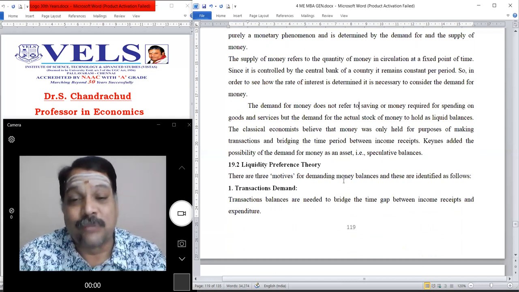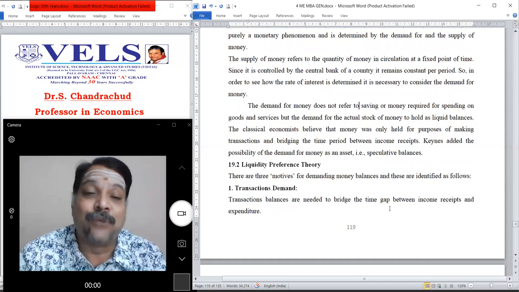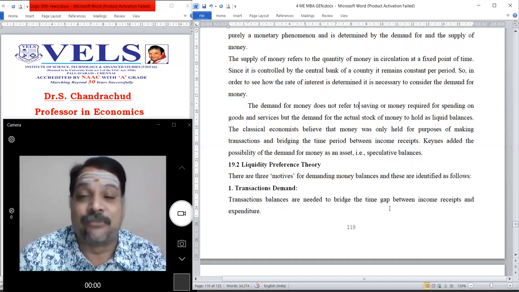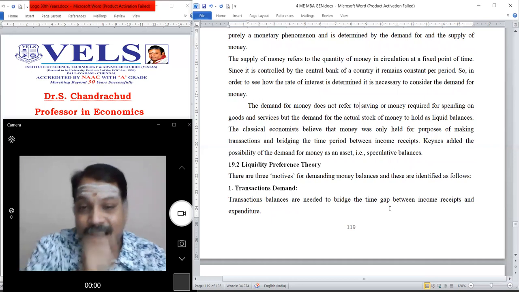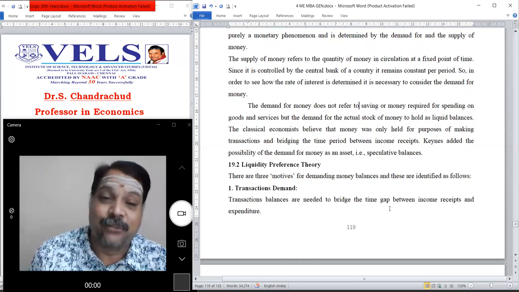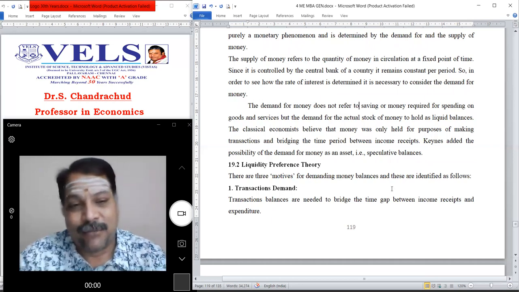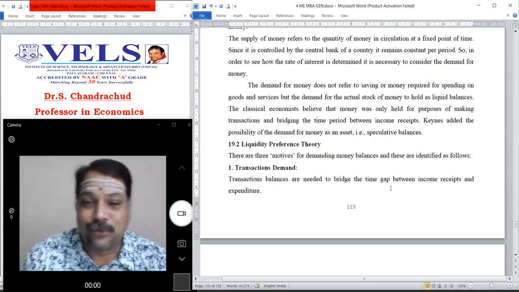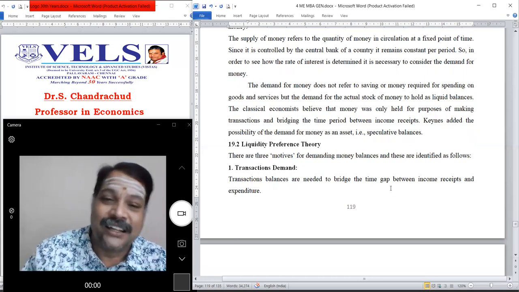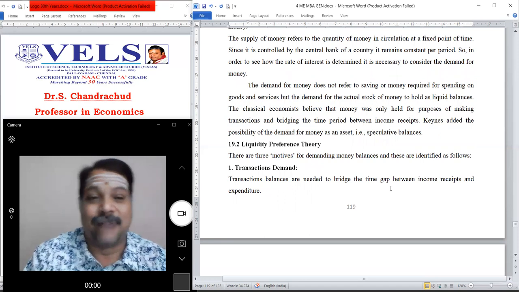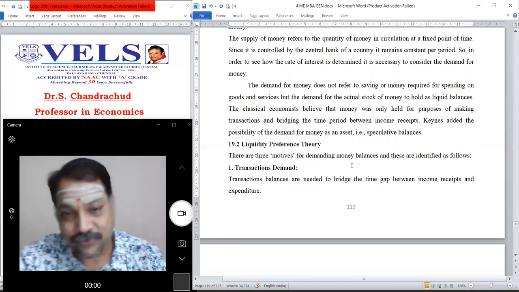The classical economists believed that money was only held for the purpose of making a transaction and bridging the time period between income receipts. But Keynes added a possibility of a demand for money in a different way, like precautionary balance and speculative balance.